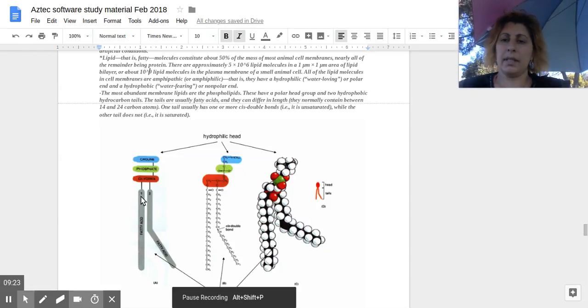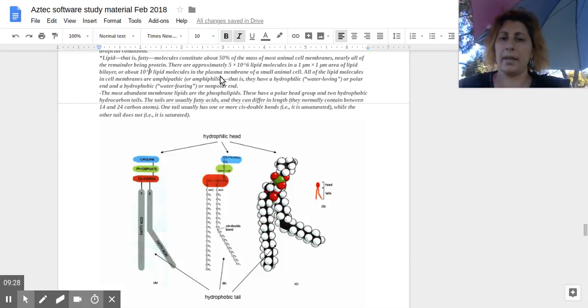About 10 to the 9th power lipid molecules are in the plasma membrane of small animal cells. All the lipid molecules are amphiphilic or amphipathic, having both hydrophilic and hydrophobic tendency. Phospholipids are the most abundant membrane lipids, with polar head groups and hydrophobic hydrocarbon tails, also known as fatty acid tails.